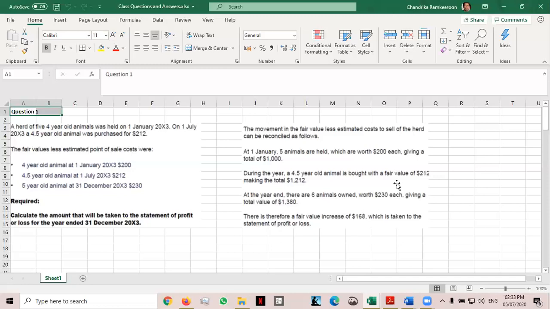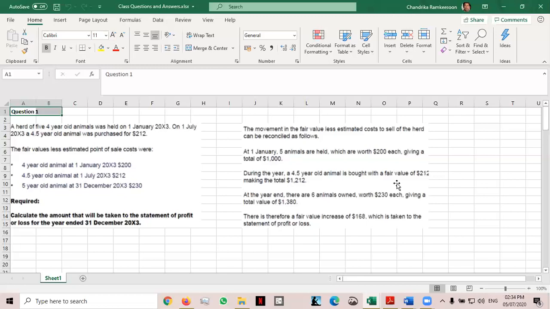At 1st January, 5 animals are held, which are each worth 200, giving a total value of 1,000. During the year, a 4.5-year-old animal is bought with a fair value of 212, making the total 1,212. The 1,000 at the start, and then the one bought.